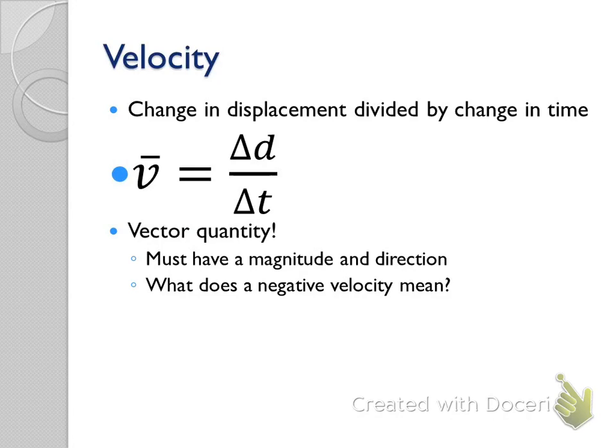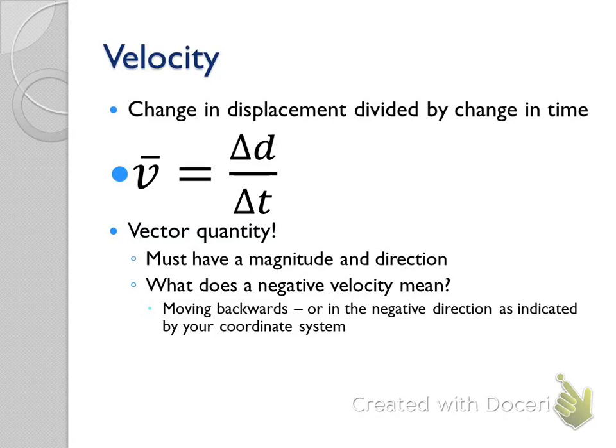South or west are negative directions because on a coordinate system, those are in your negative quadrants. Right? Would you agree with that? That's why negative is going to be labeled south or west. Okay? It could also mean something's falling downward, right? That's kind of considered south. So that's what negative velocity means. You're moving backwards or you're moving in the negative direction.